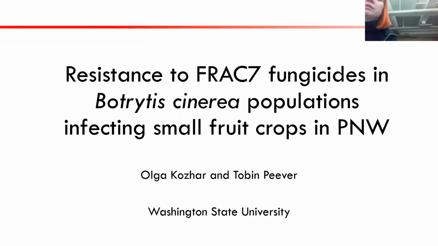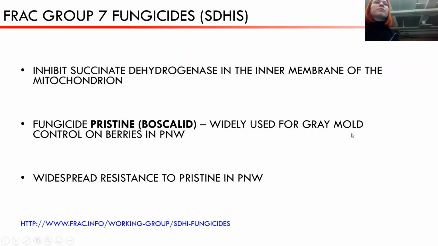Hello. Good afternoon, everyone. Today I'm going to tell you what we've learned about resistance of Botrytis, a causal agent of gray mold on small fruit crops in the Pacific Northwest, to FRAC group 7 fungicides. FRAC group 7 fungicides are also called succinate dehydrogenase inhibitors, or SDHIs.